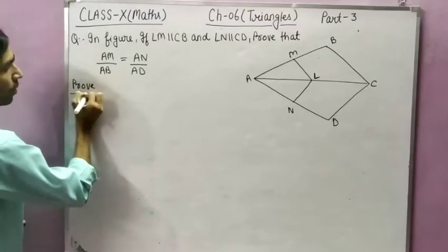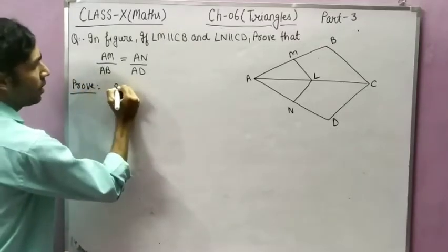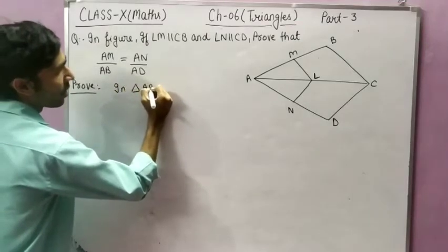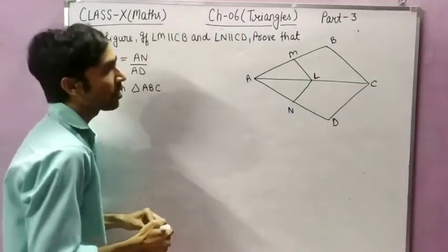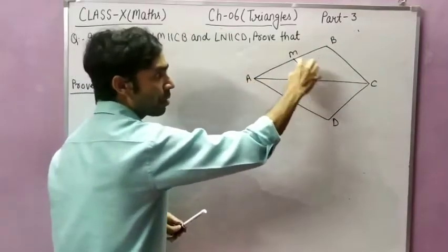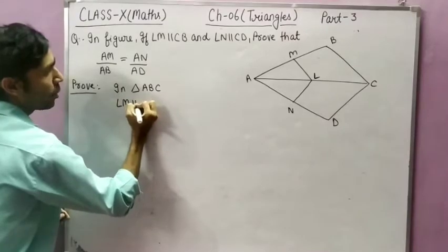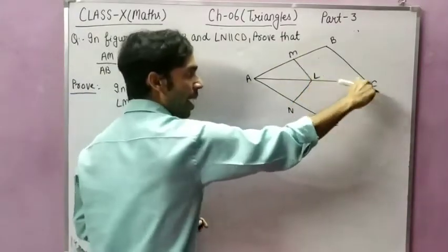So see, student, suppose I am taking triangle ABC. Look carefully, triangle ABC. In this ABC, LM is parallel to BC. In triangle ABC, LM is parallel to BC.